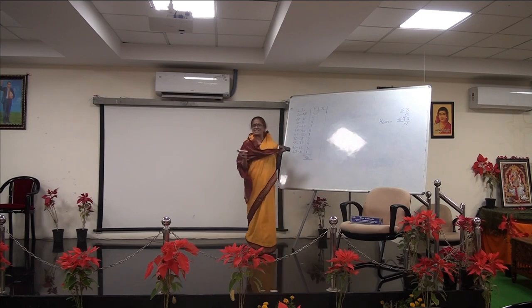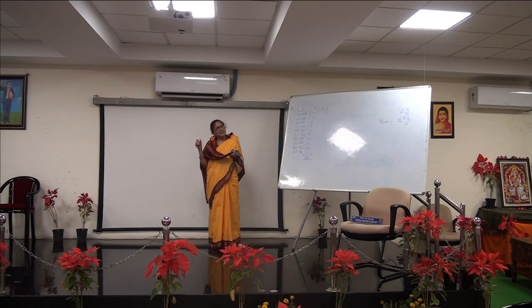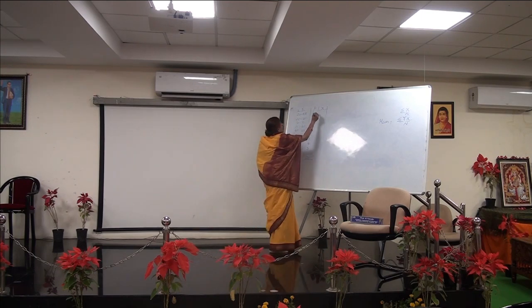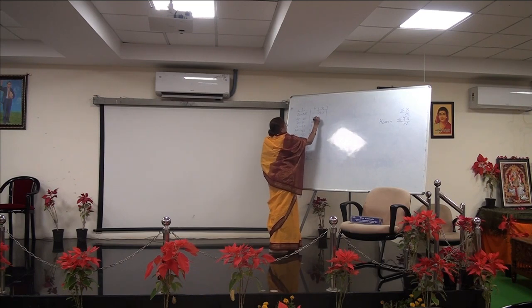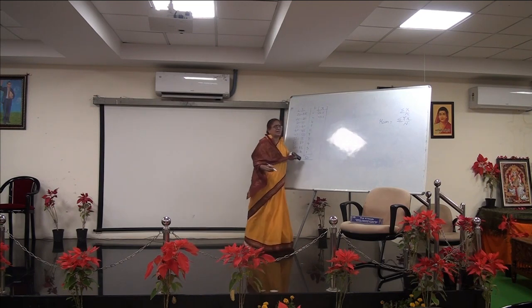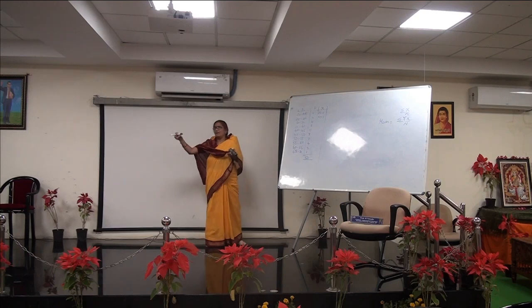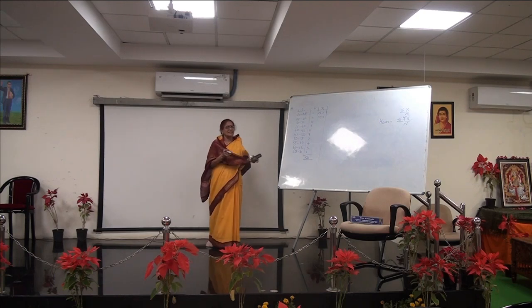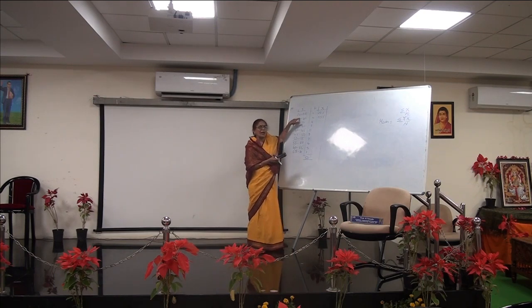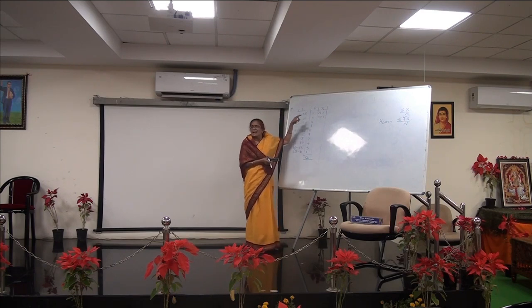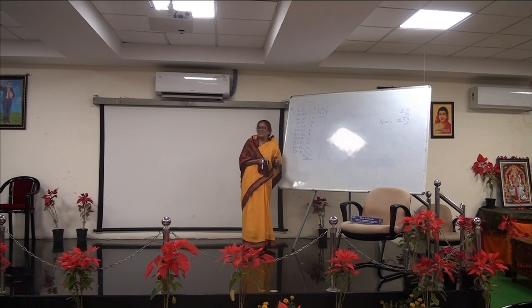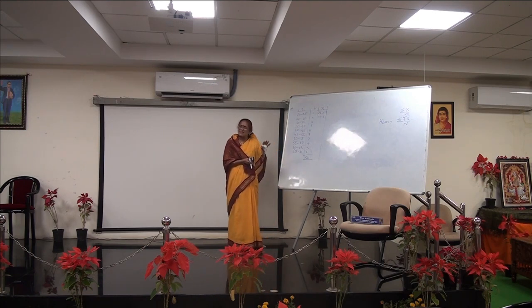Statisticians give a formula for computing mid values: lower limit plus upper limit divided by 2.